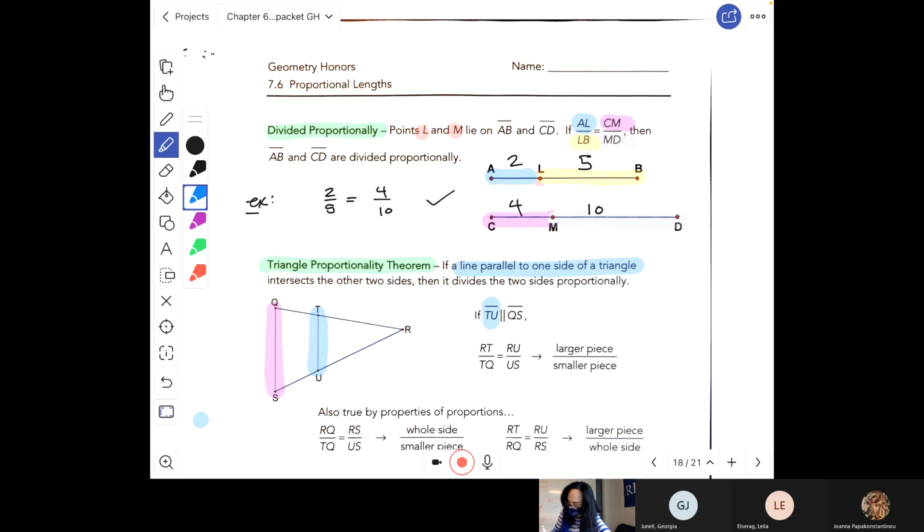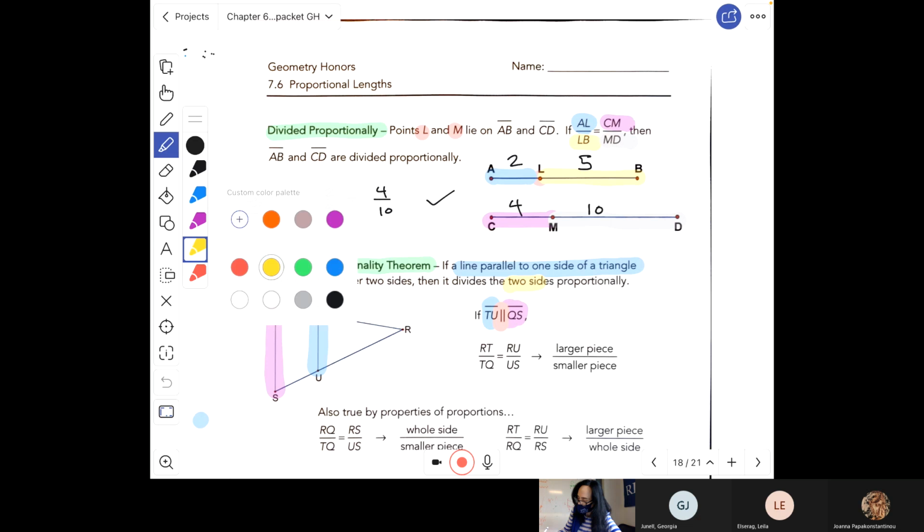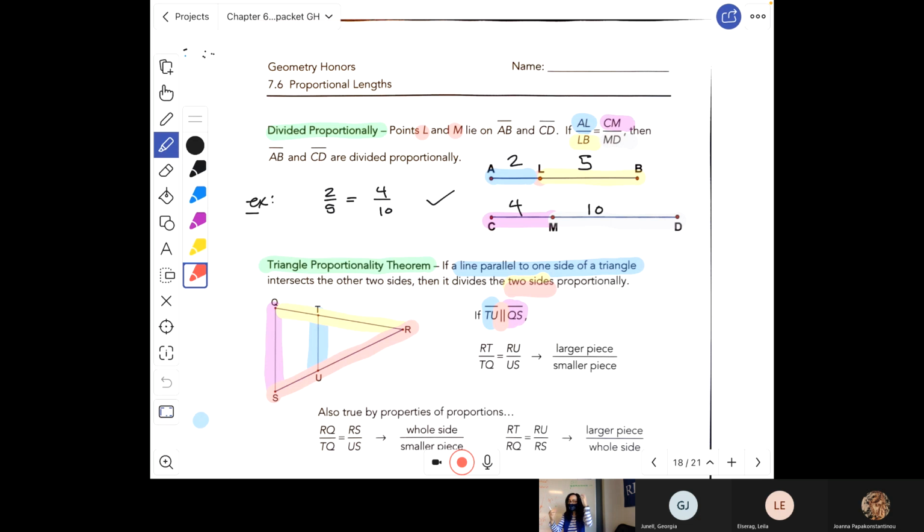So TU is parallel to QS. If I have that fact, then it divides the two sides proportionally. Similar to if those two sides of the triangle were line segments, like the previous example, I have those points again, right? On those two line segments, and they give us that divided proportionality.